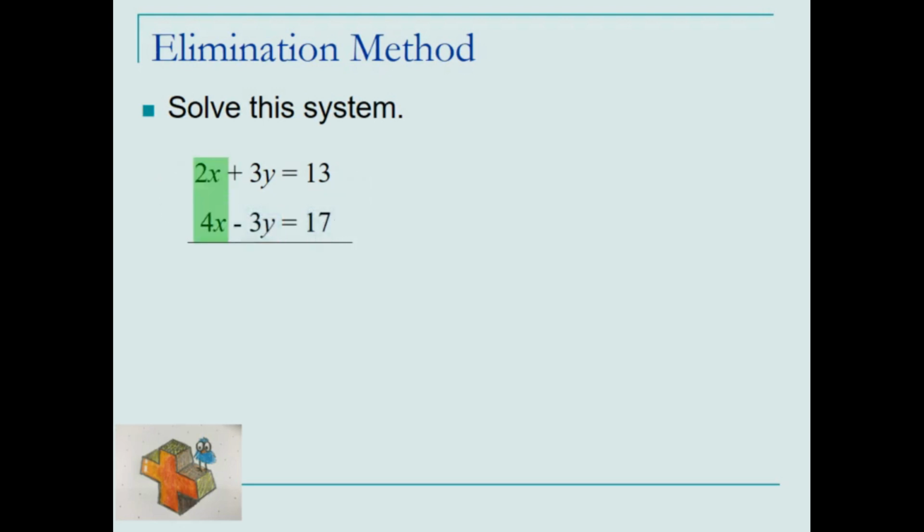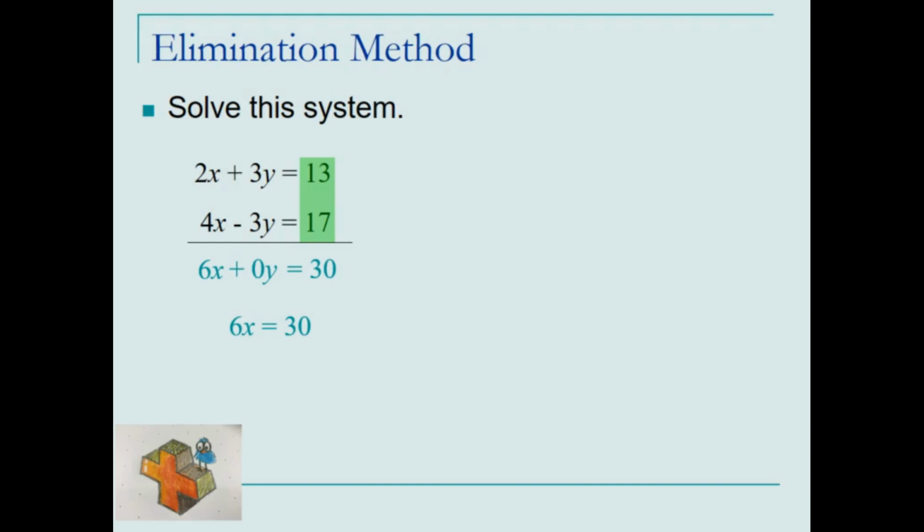When we do that, we will add like terms, which gives us a 6x. When we add the y's, you can see that they're additive inverses and they cancel one another out. And then adding the integers on the right-hand side, we end up with a value of 30. This leaves us with an equation essentially in one variable, since 0y is 0 and added to 6x on the left side leaves us with 6x.